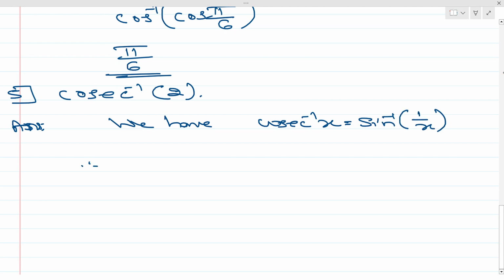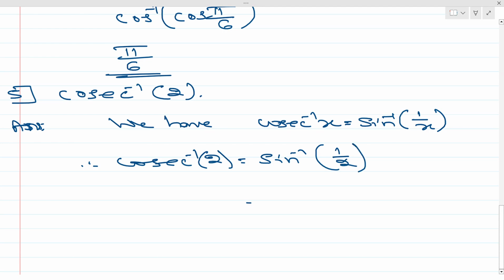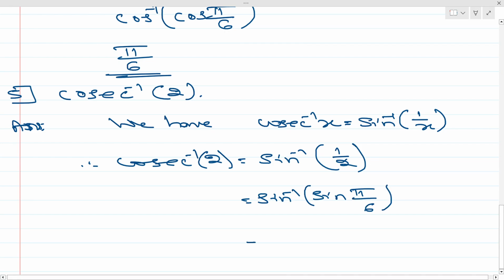Therefore, cosecant inverse 2 is sine inverse 1 by 2. From the table we can write sine inverse sine pi by 6. Sine inverse and sine cancels. Our final answer is pi by 6.